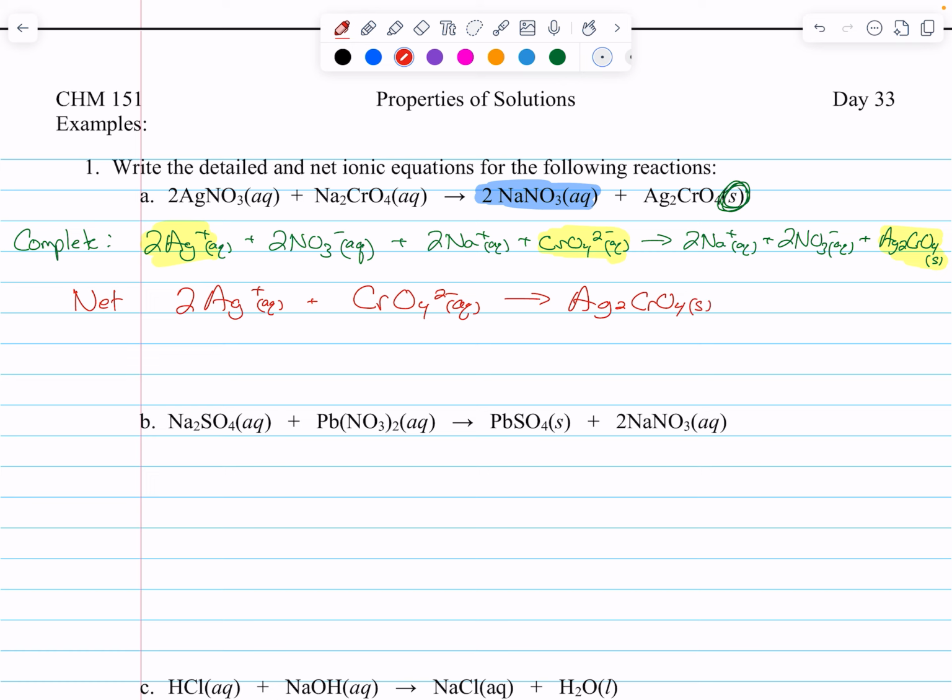That's it. Now, there's a lot of detail with this, if you notice. There's a lot of superscripts and subscripts and state symbols and coefficients, and all of them are important. So if you're doing homework, especially on the online platform, and you're getting frustrated, just take a deep breath. Make sure we have a coefficient if we need it, a charge, a state symbol.